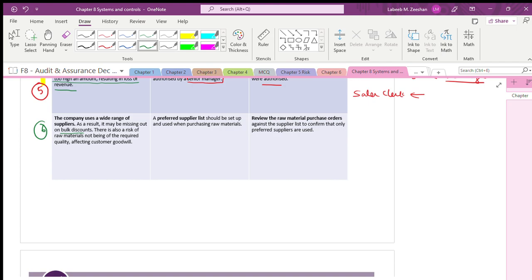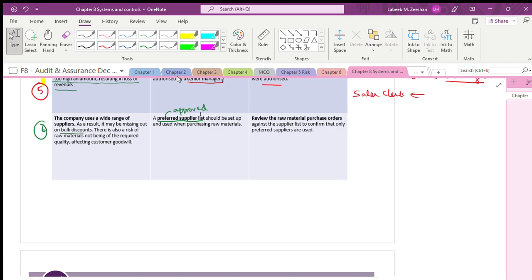What does it say? A preferred supplier list. What I have written if you go back, an approved supplier list. These are the points which will be repeated in every scenario.